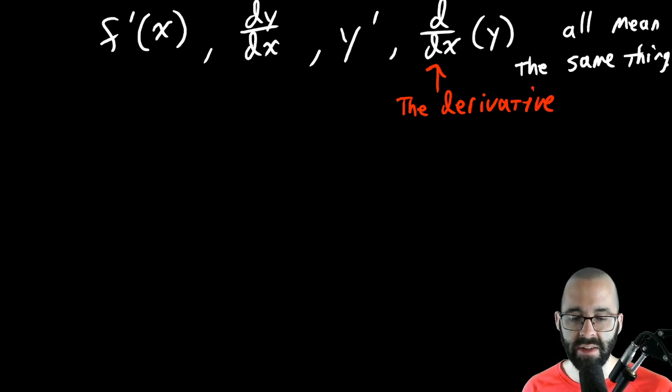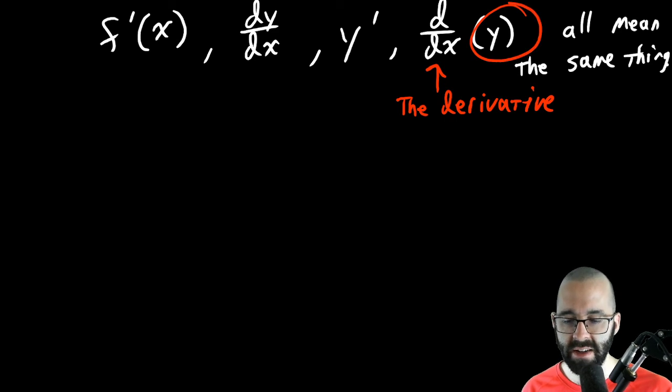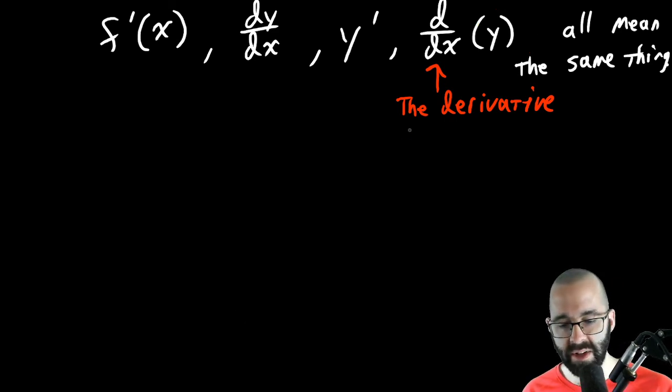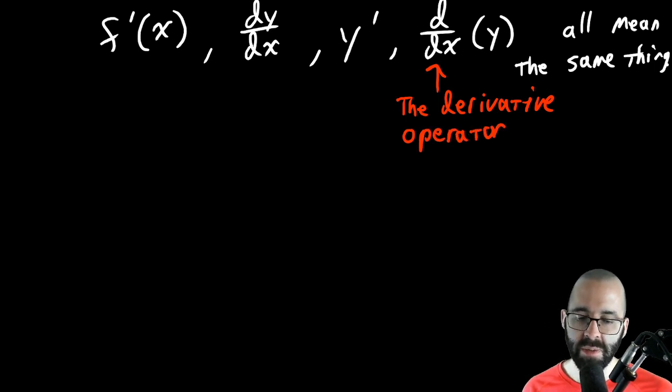So we're taking the derivative of y. There are a bunch of different ways that you can see this, and those aren't super important now, just you might see them. So if you see them and say, what does this mean again? Make a note to yourself to look back here.